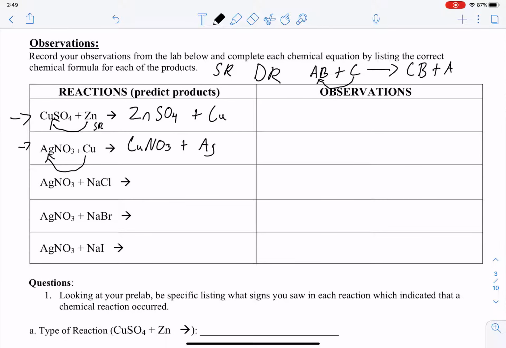All right, so now if we look at the next few, we can see that they look a little bit different from single replacements. These are double replacement reactions. This is where we have two molecules with two different elements in each one, and the metals still replace each other.